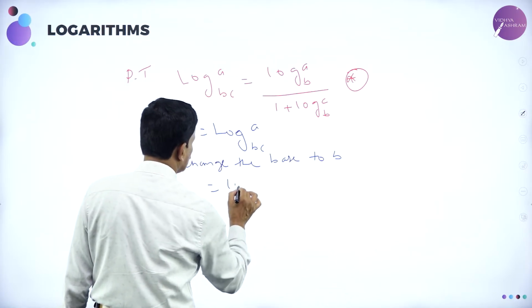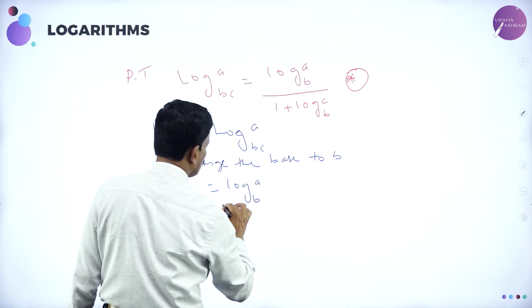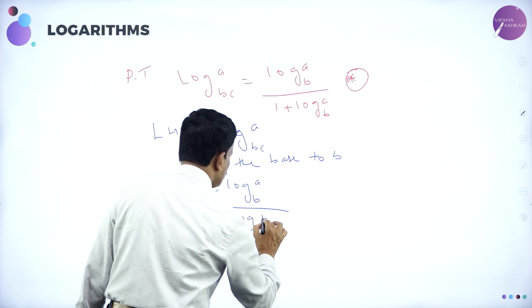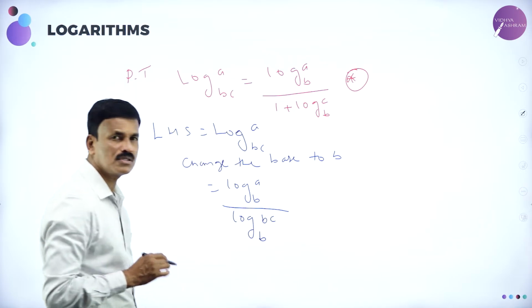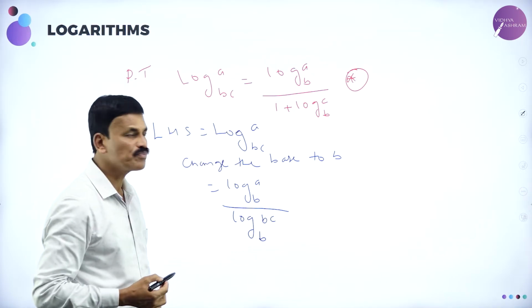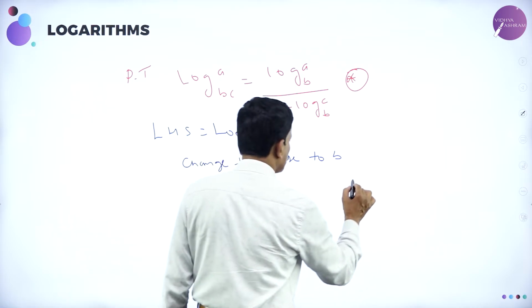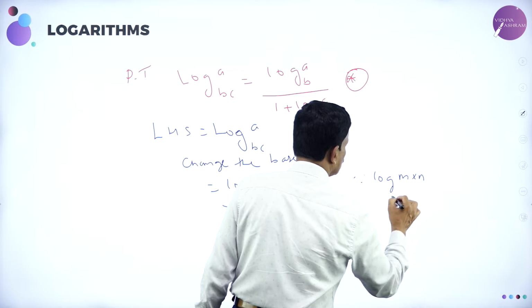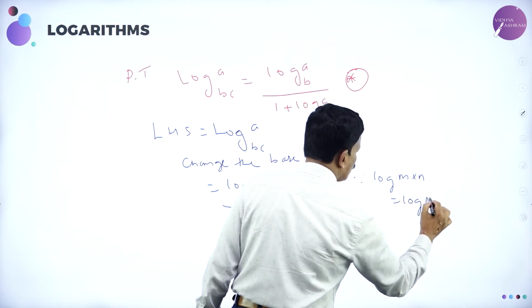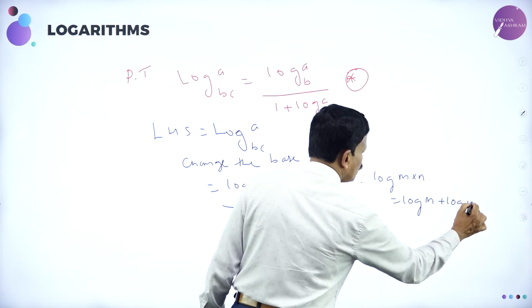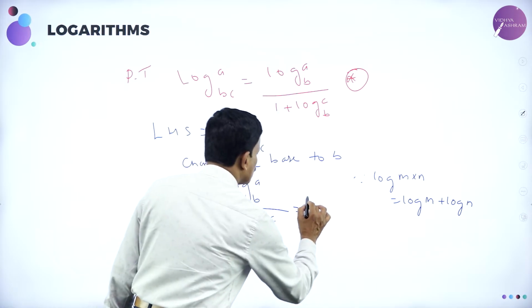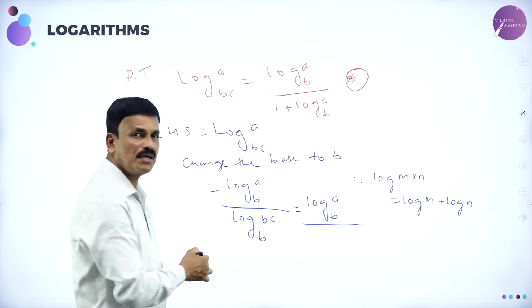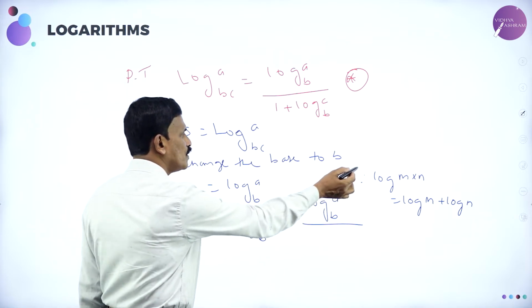So this can be written as logarithm of a to base b divided by logarithm of bc to base b. So the base must be b here. Since we know logarithm of m into n is equal to logarithm of m plus logarithm of n, this can be written as the numerator is the same, log a to base b, divided by the denominator, which is logarithm of m into n.